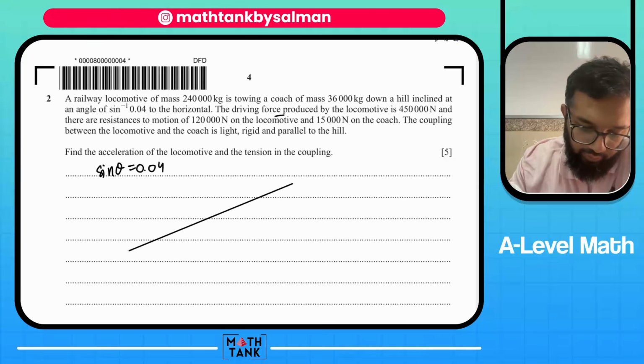and 15,000 on the coach. The coupling between the locomotive and the coach is light, rigid and parallel to the hill. So a railway locomotive is towing a coach. That's 240k, the coach is 36k.